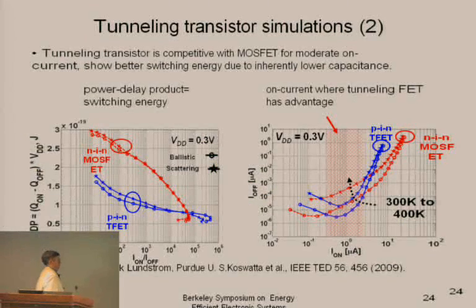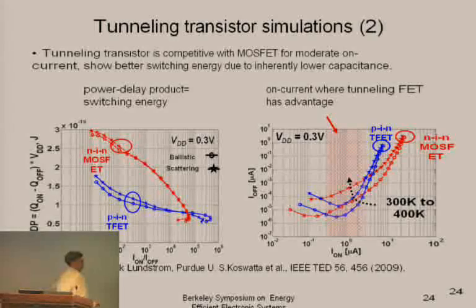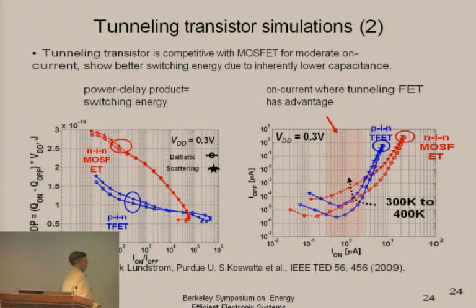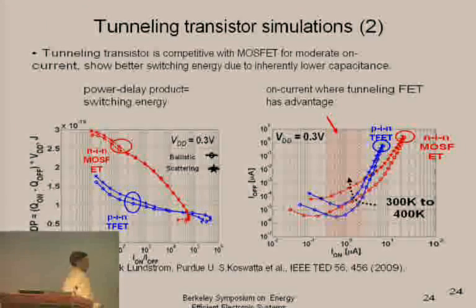What this shows, the net result here, these two curves in blue with the asterisks and the circles are with and without scattering. And the top graph here gives a MOSFET versus a tunnel FET. If you look over here, what you see is that introducing scattering to the model changes the qualitative conclusion that shows you can get better I-on/I-off ratios with a tunnel FET in a limited range of current.